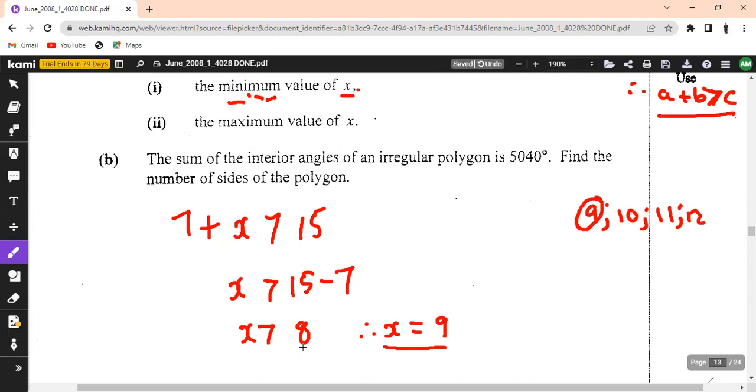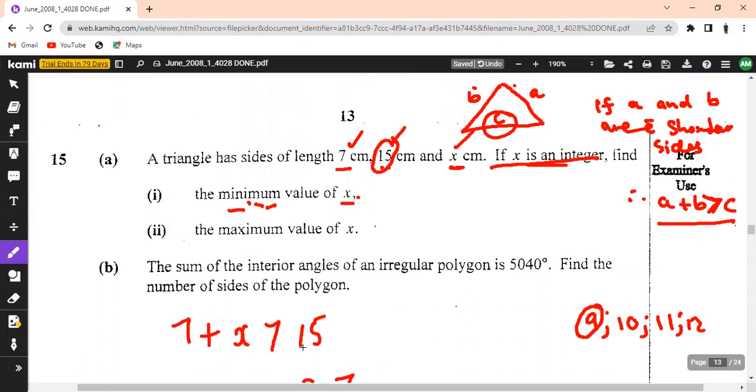Okay, part B: what is going to make x the maximum value? For x to be the maximum value, 7 and 15 are now the shorter sides, and x is the bigger side. We said the shorter sides added should be greater than the bigger side.